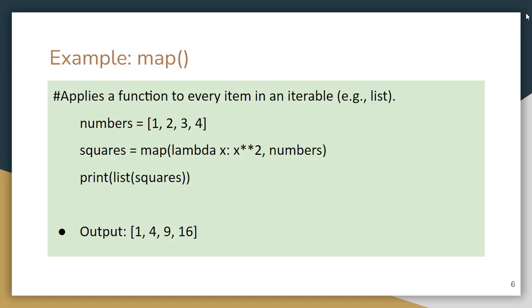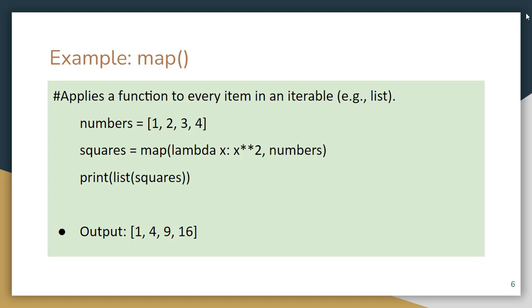That means we calculate the square of each element of the list. We can print this list of squares using list(squares). The output will be 1, 4, 9, 16, like 1 square, 2 square, 3 square and 4 square.